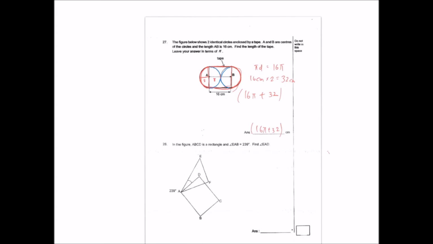Moving on to question 28. In the figure, ABCD is a rectangle and angle EAB is equal to 239 degrees. Find angle EAD. Since ABCD is a rectangle, all of its corners are 90 degrees.